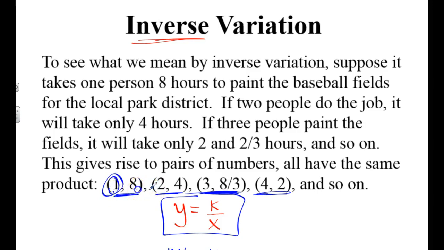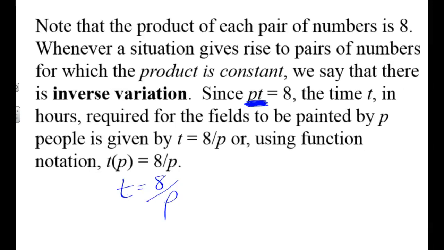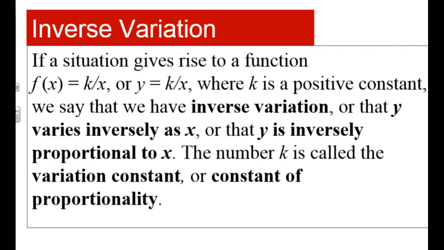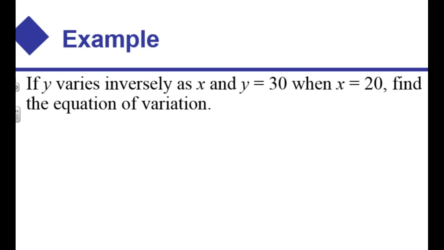So if you have one person, it takes 8 hours. If you have 2 people, it's 4 hours. So as you increase the number of people, notice that the y value is decreasing. That's the inverse, because a direct variation function would be increasing. The opposite of increase is decrease. So the inverse function would be y equals k divided by x, getting smaller.